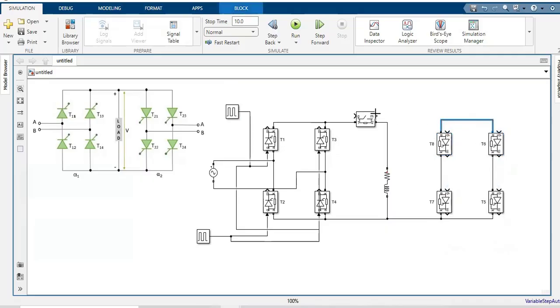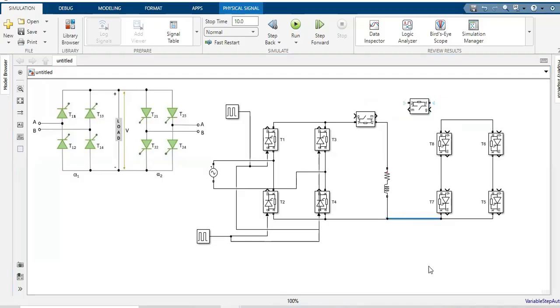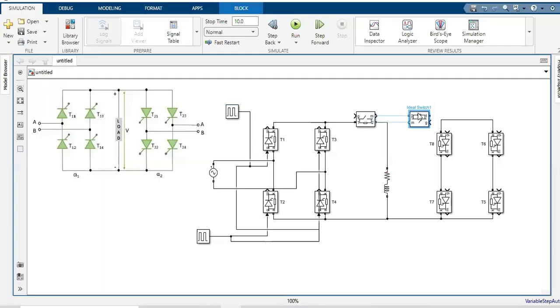And again, the second converter should also be connected with the help of an ideal switch. So we'll be connecting the switch between the second converter and the load.